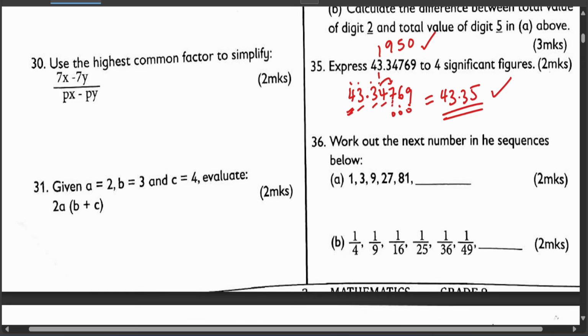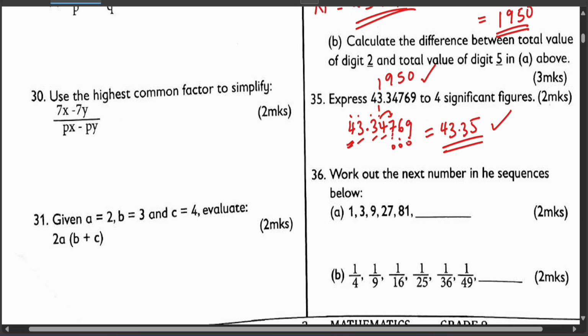Okay, question 36. Work out the next number in the sequences below. So 1, 3, 9, 27, 81, comma, dash. So now, for you to get 1, what did you do to 1? 1 squared. Okay, 1 times 1. 3.